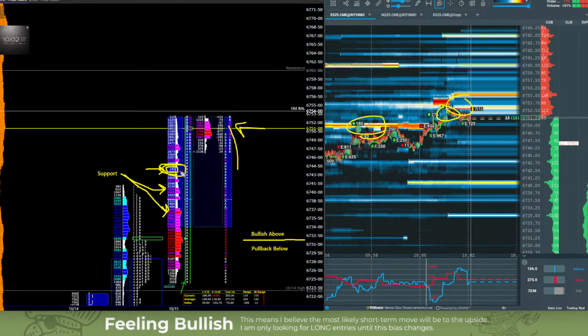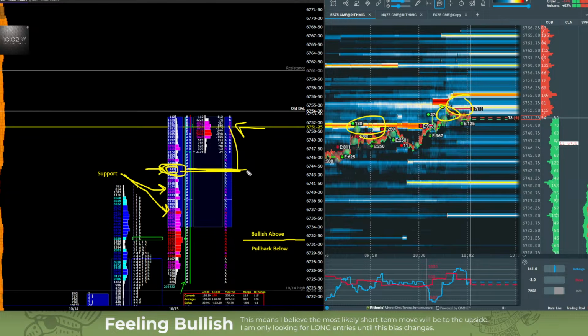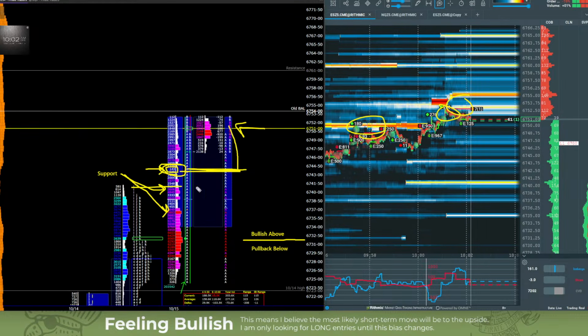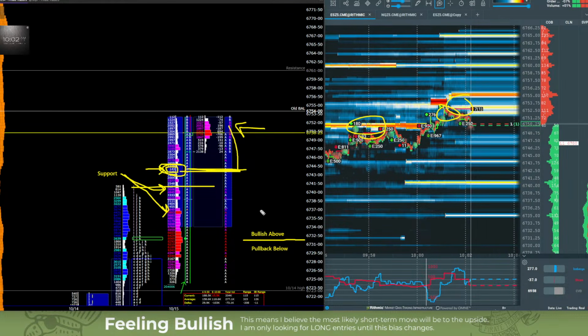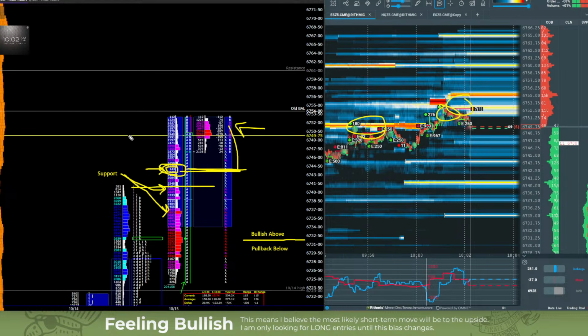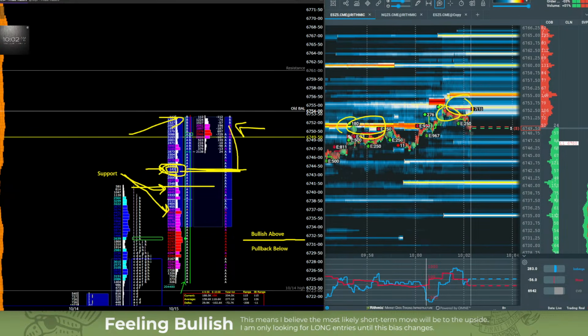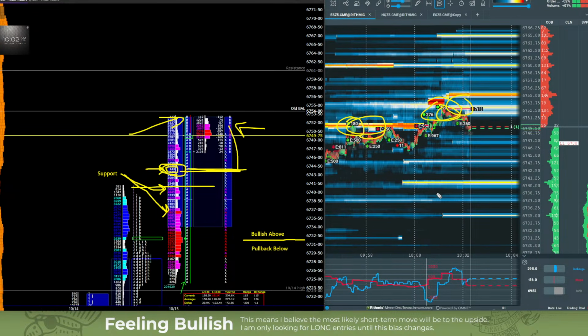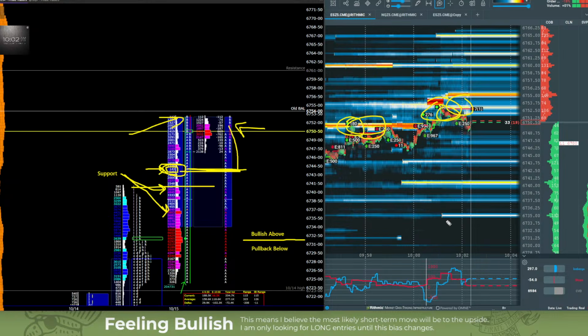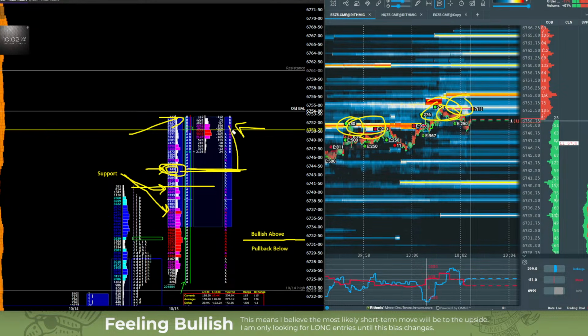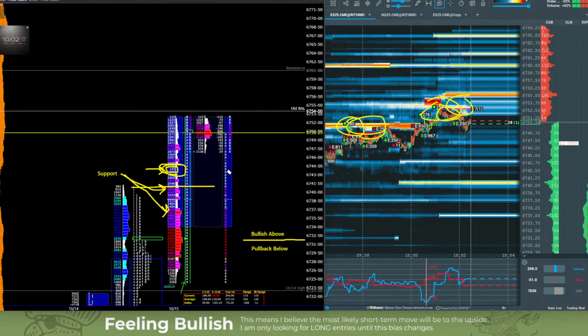Wait at the very least to come back to that low volume node to get long, or for the test of the overnight high to get long. Don't need to FOMO in at the high. Not when I see that it's short covering that got us here. Not when Bookmap is telling me what's going on. No reason to FOMO.